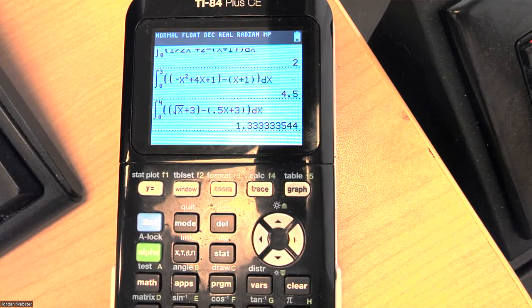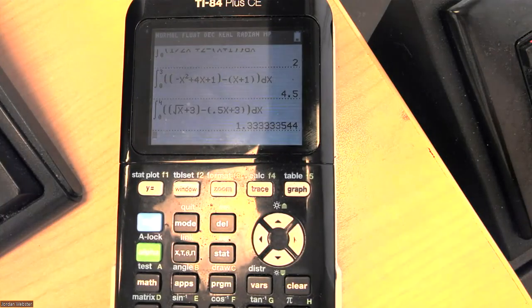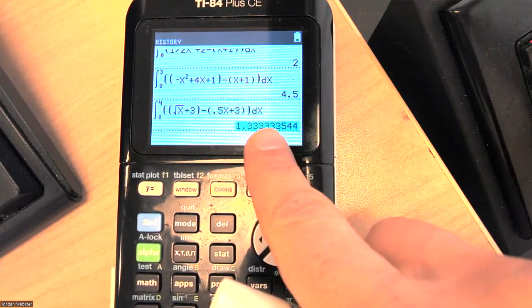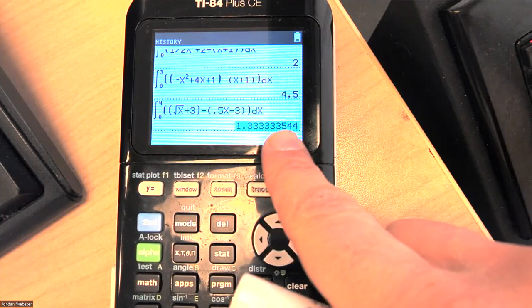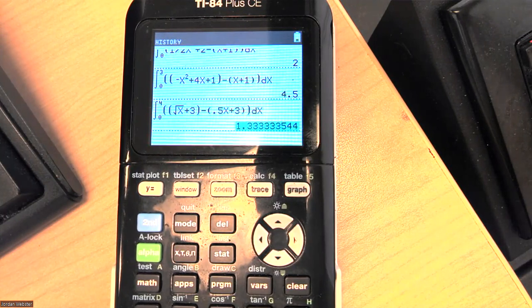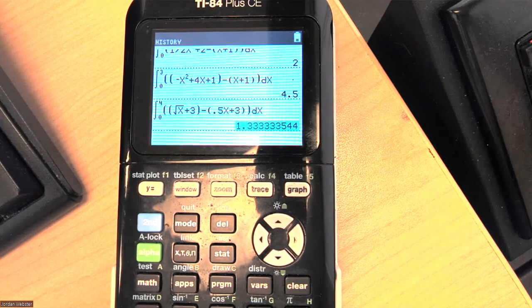Now, this happened on my calculator, but it would probably happen on yours as well. When you integrate from 0 to 4, you get 1 point and then lots of 3's. And then at the very end here, we get 5, 4, 4. Now, that is a fairly strange phenomenon because we're dealing with powers of x, albeit a 1/2 power of x there.